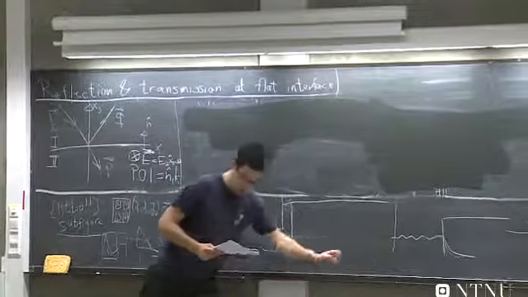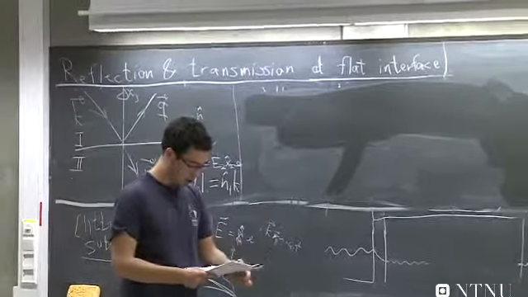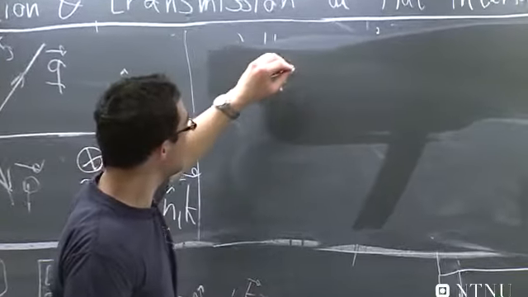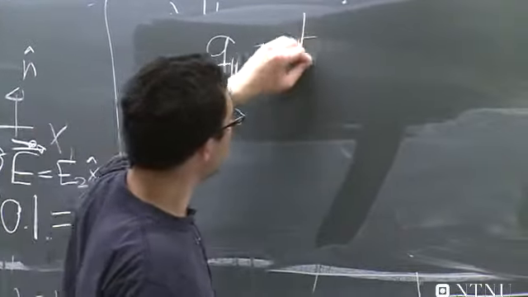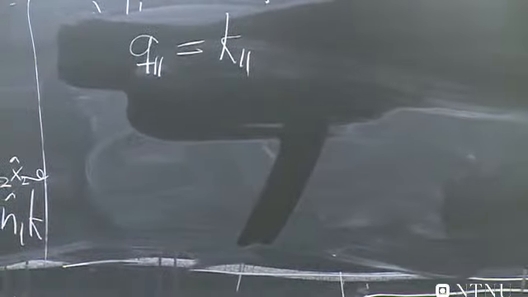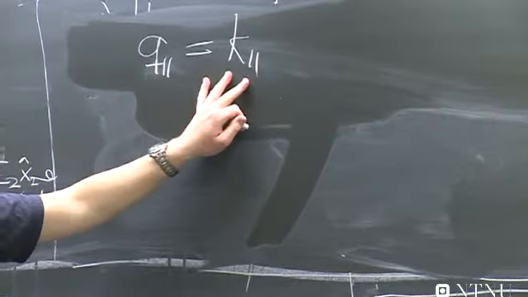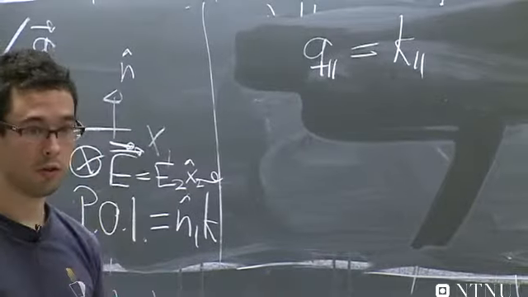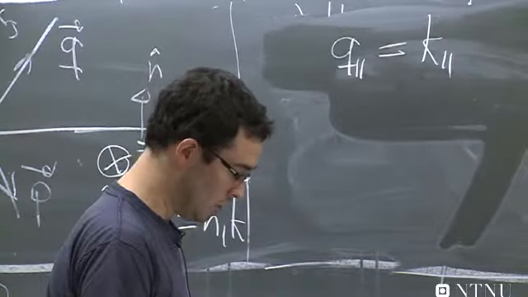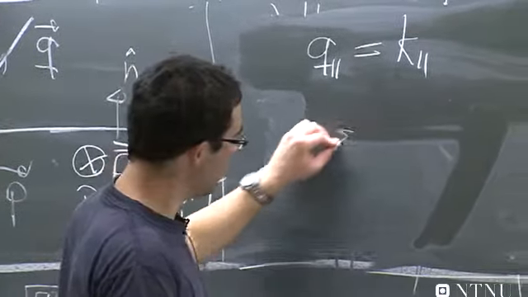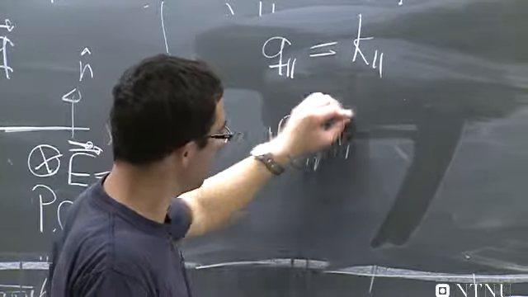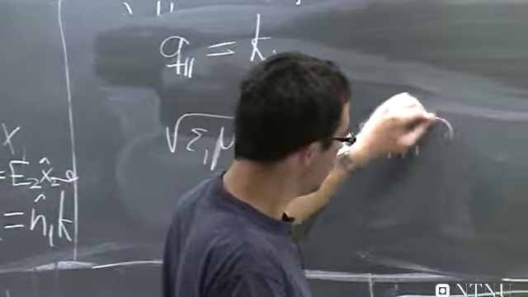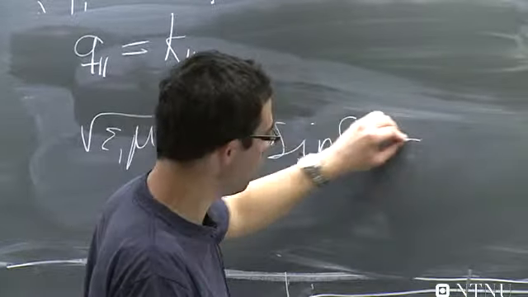First of all, q parallel equals k parallel. And if you look at what this means in terms of the angle, because now we're in the propagating regime, this means that square root of epsilon 1 mu 1 omega sine theta naught.